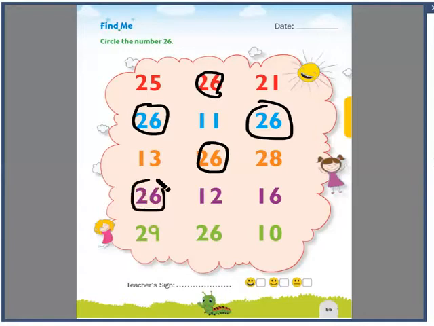Yes, here is another 26. 1, 2, 12. 1, 6, 16. 2, 9, 29. 2, 6, 26 again. And last, 1, 0, 10. Yes, we have 1, 2, 3, 4, 5, 6. Total 6 26s are given in this page.